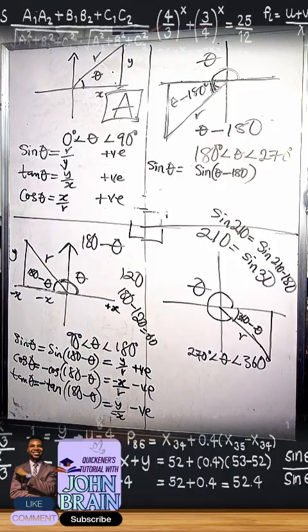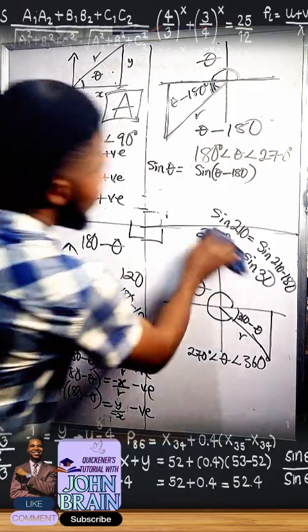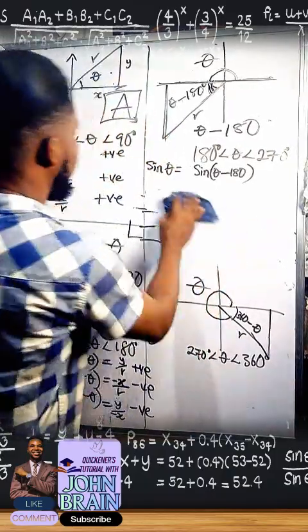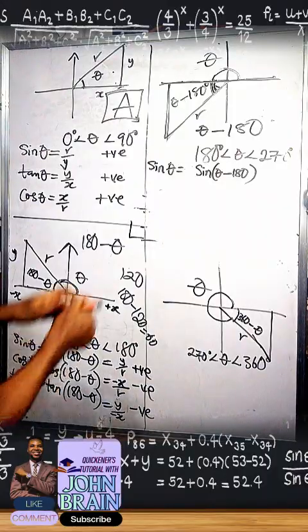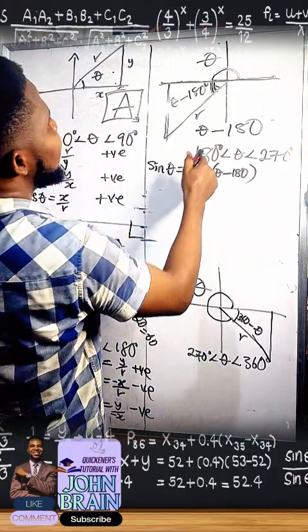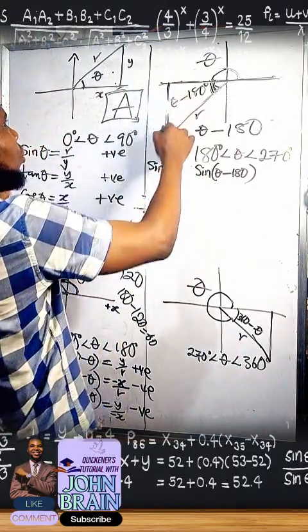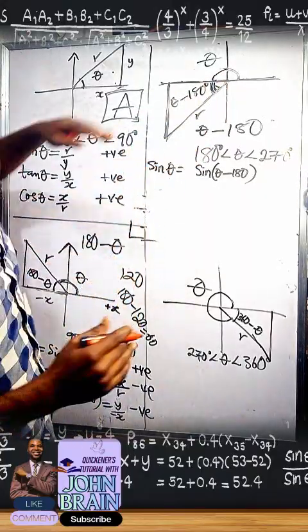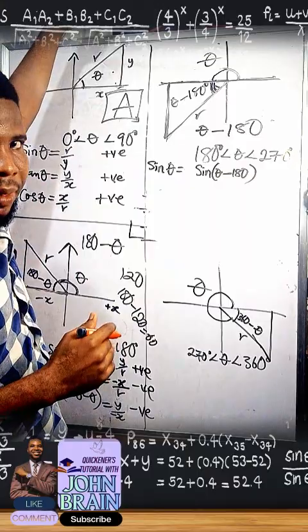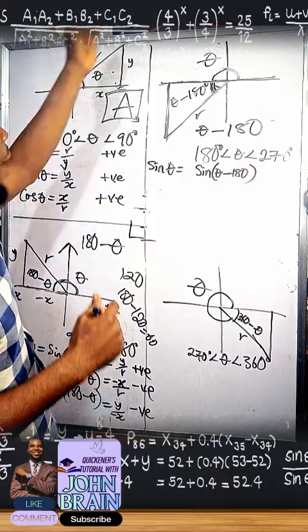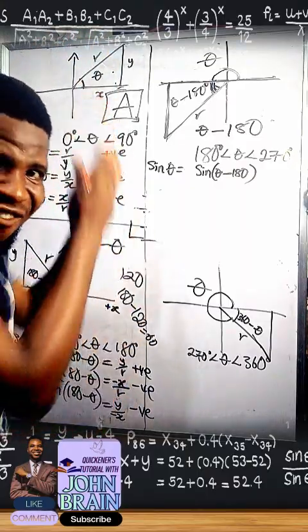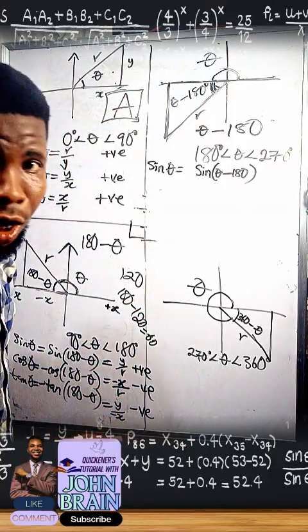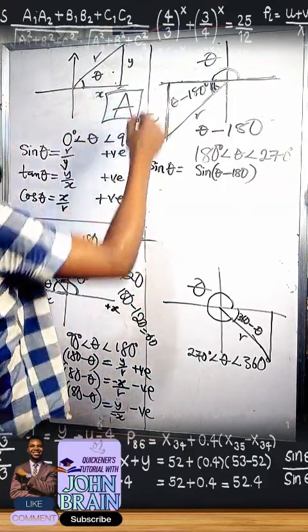Alright? So let's look at the value, whether it is positive or negative at the third quadrant. I hope you understand now. So let's check. Now this is opposite to this angle. This is opposite. And remember, all this while we have been having y up. That is positive y. Now y is coming down. Y is the vertical line. The vertical line is coming down. So that is negative y.